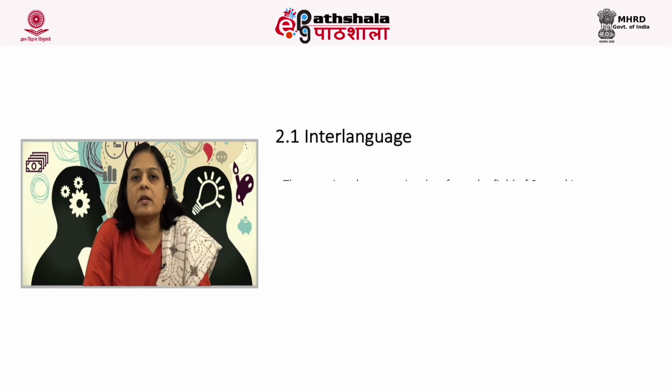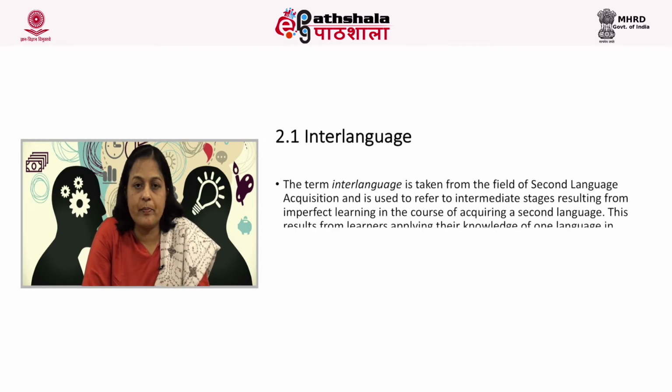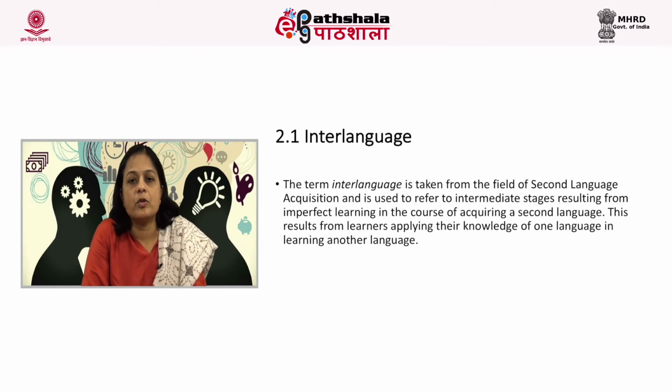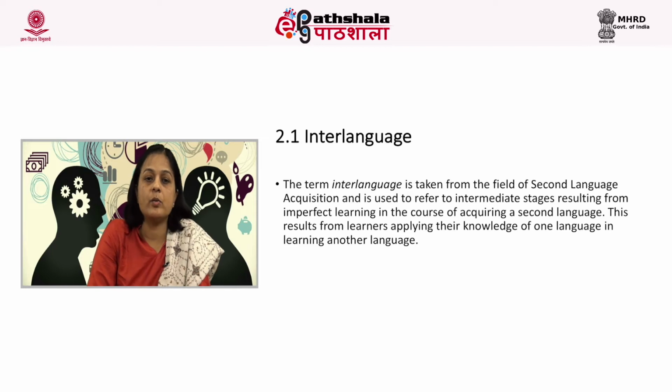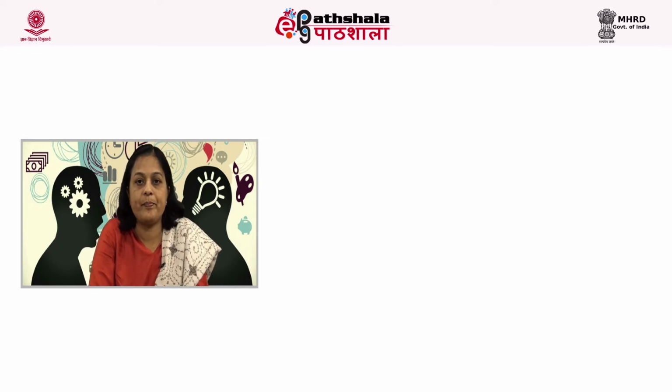Let's begin with the mechanism of interlanguage. The term interlanguage is taken from the field of second language acquisition and is used to refer to intermediate stages resulting from imperfect learning in the course of acquiring a second language. This results from learners applying their knowledge of one language in learning another language.